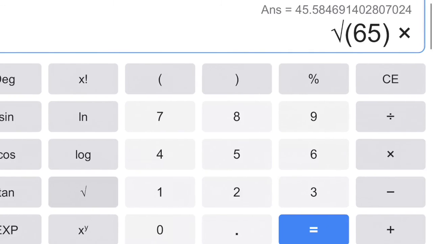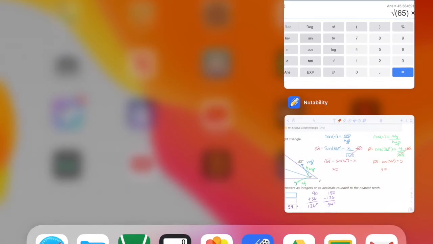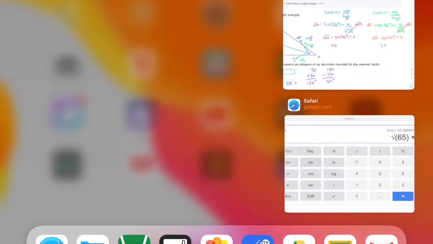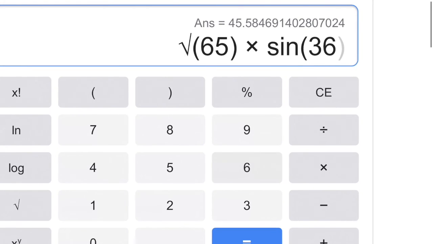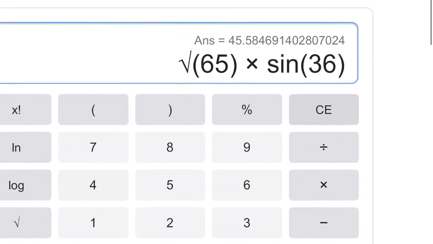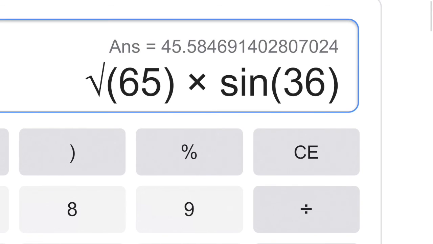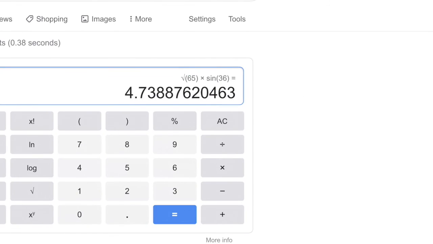Times sine of 36. See how cautious I was? I made sure I did parentheses around the 65, parentheses around the 36, and put multiplication in between the two, because it's the product of both of those.